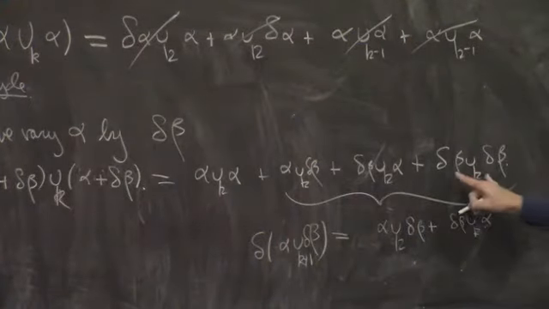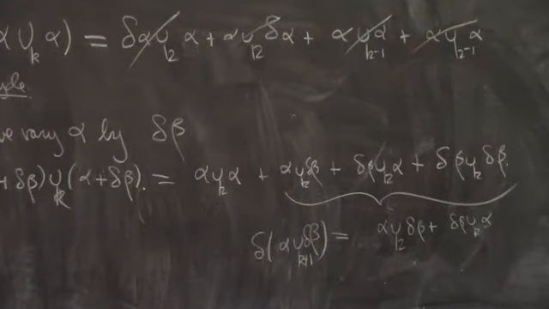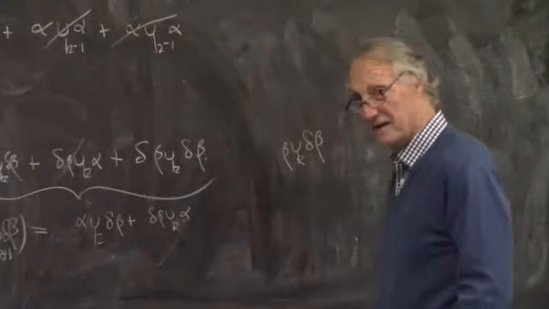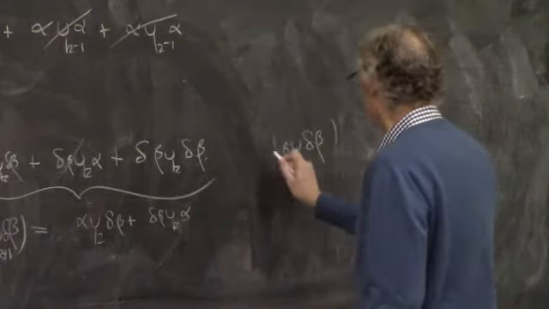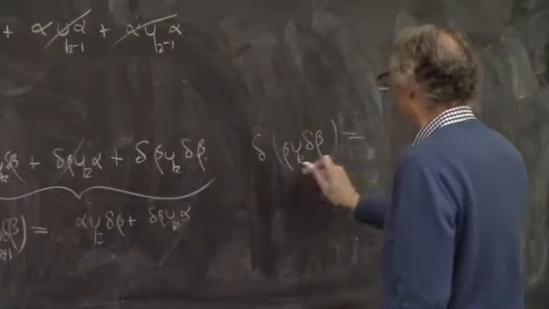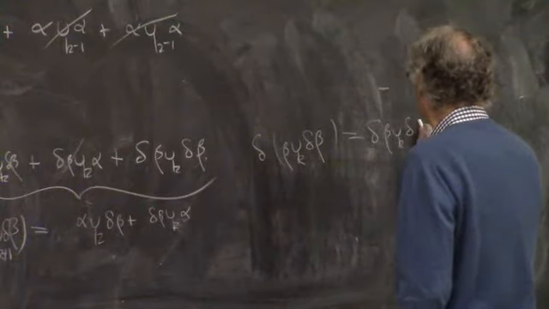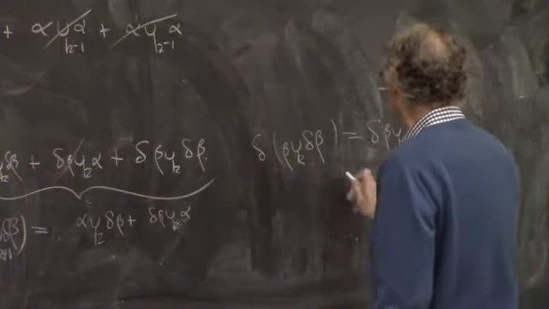Now I have to worry about beta cup K coboundary beta. Let's take the coboundary of that. You can apply the coboundary here, and it gives me what I want. You can apply it here, and it gives me 0.